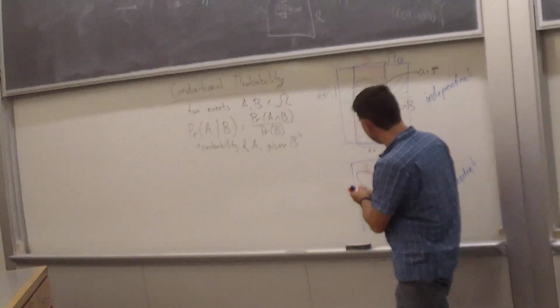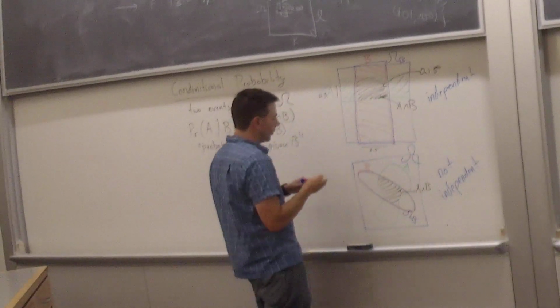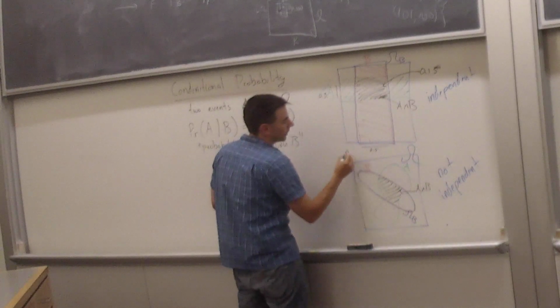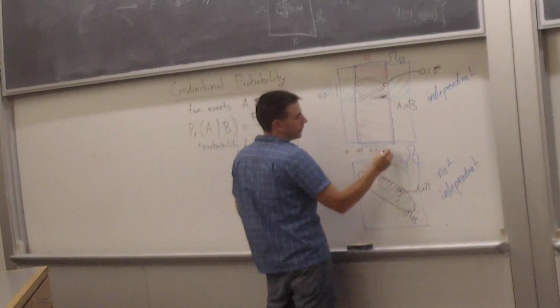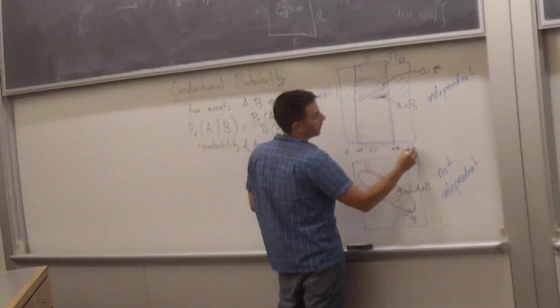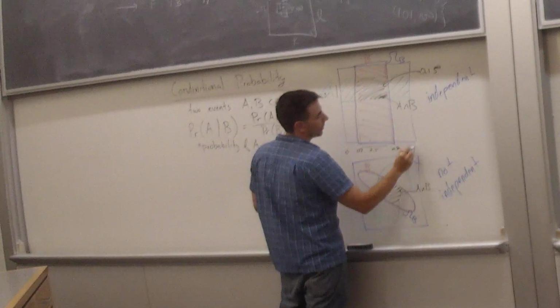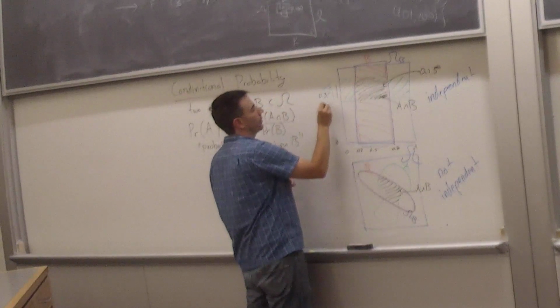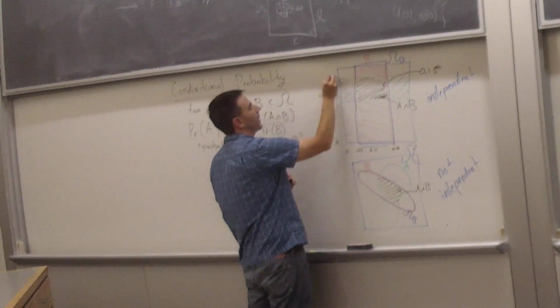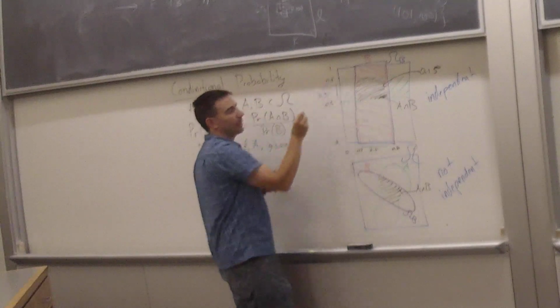Let's say this is from 0 to 0.2, this is 0.7, and this is 1. And this goes from 0 to 0.5 to 0.8 up to 1. These are where the changes happen.